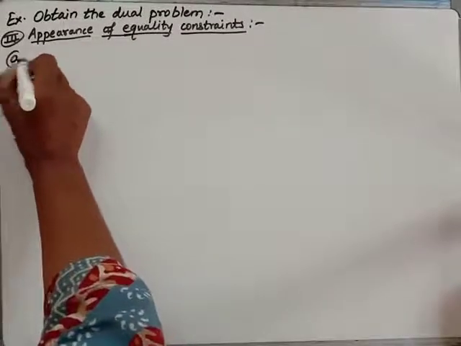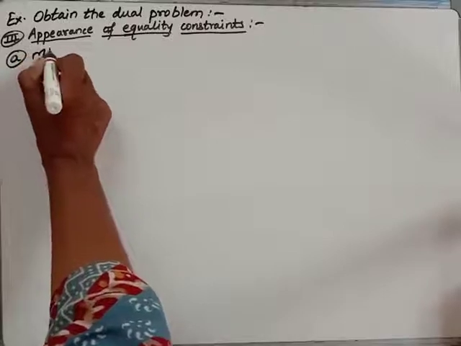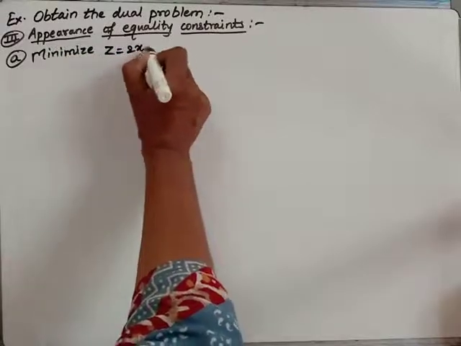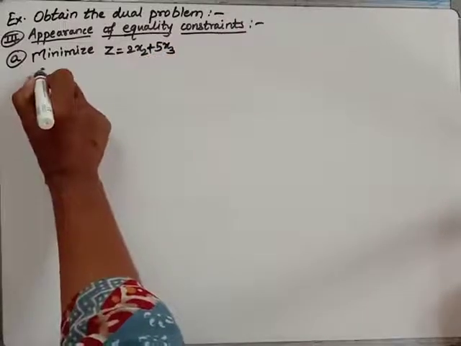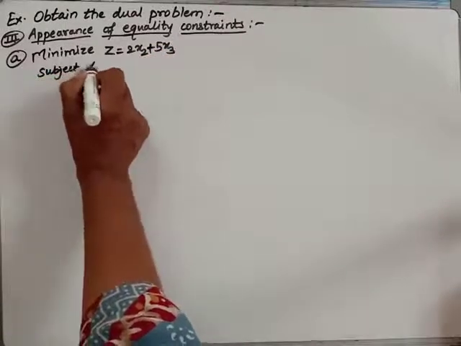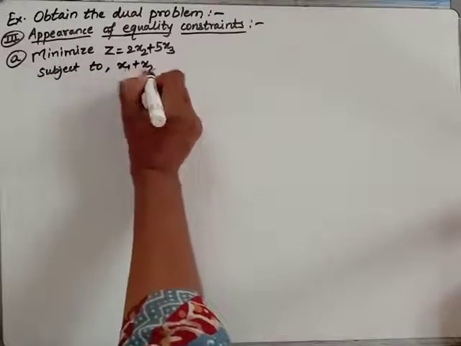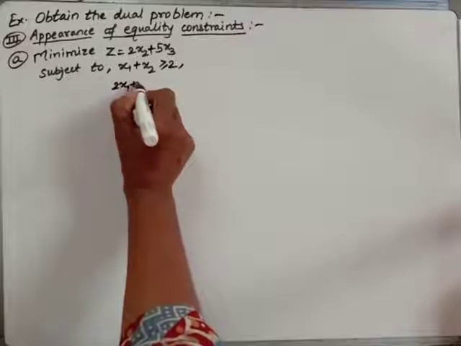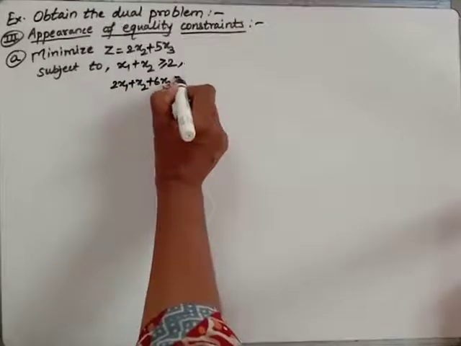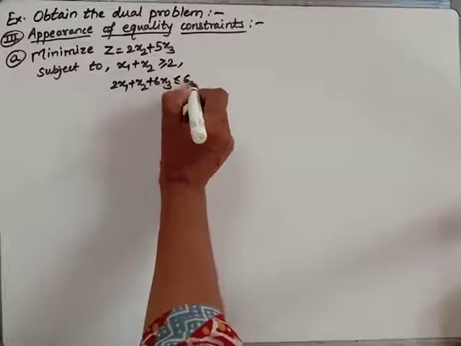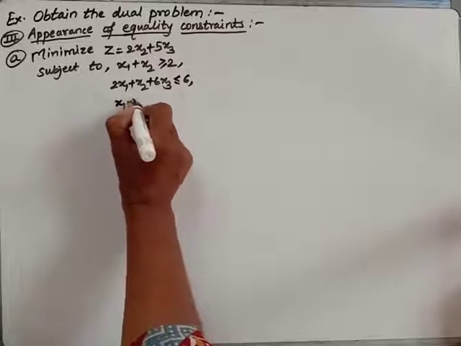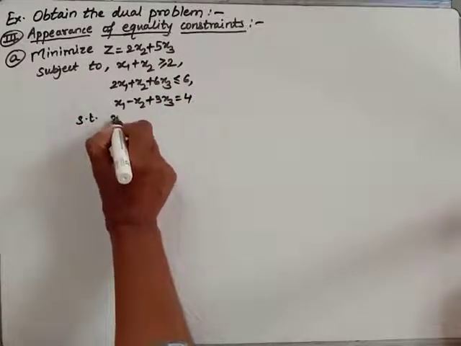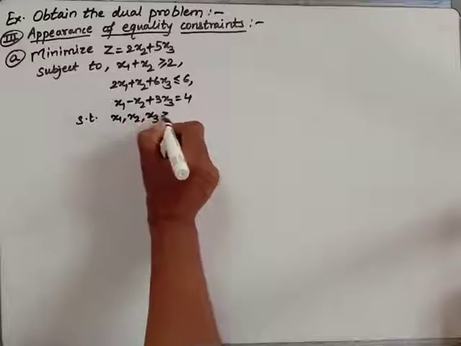Suppose the first one I am taking: minimize z equal to 2x2 plus 5x3 subject to x1 plus x2 greater equal 2, then 2x1 plus x2 plus 6x3 less equal 6, then x1 minus x2 plus 3x3 equal to 4, such that x1, x2, x3 greater equal 0.